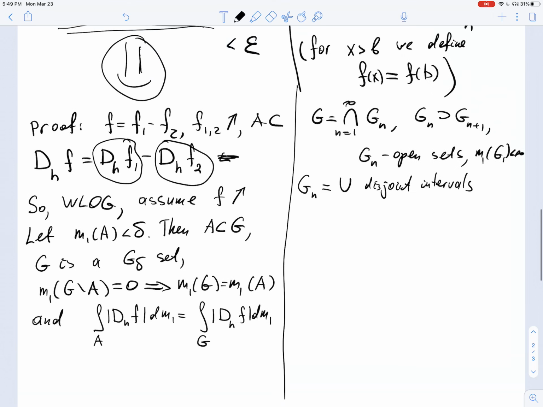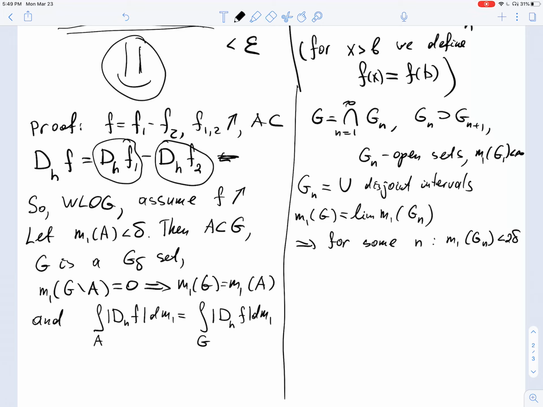Okay, and so we know that the measure of G is equal to the limit of measures of Gn. So for some n, we'll get the measure of Gn less than 2 delta, for example.